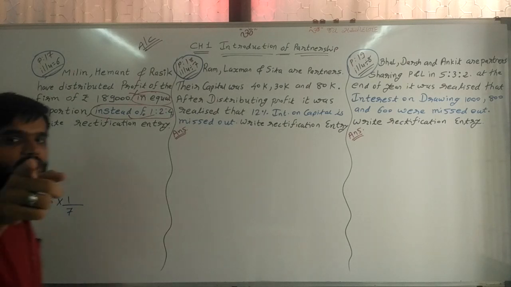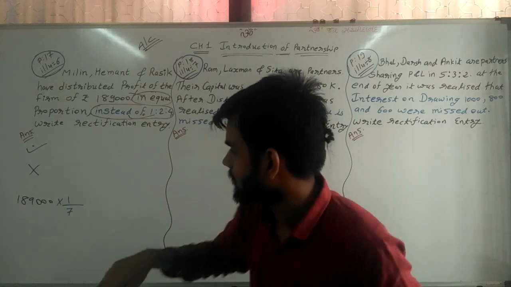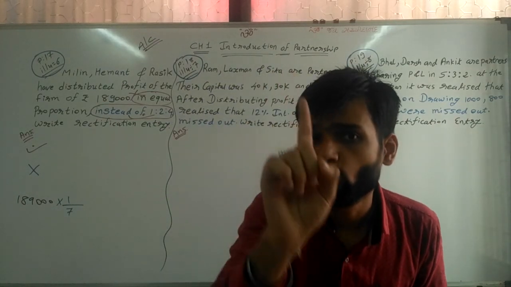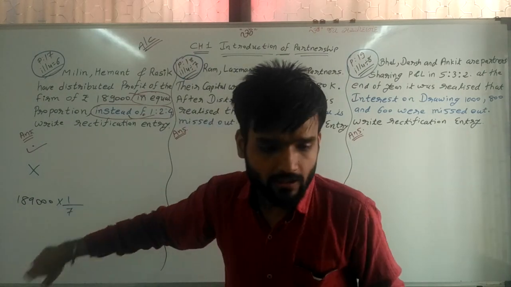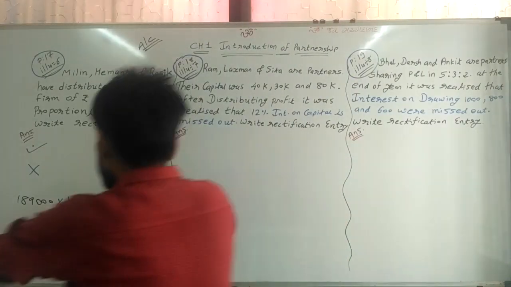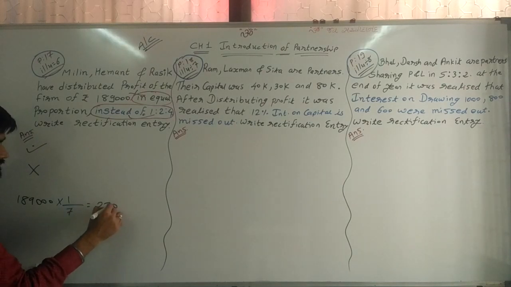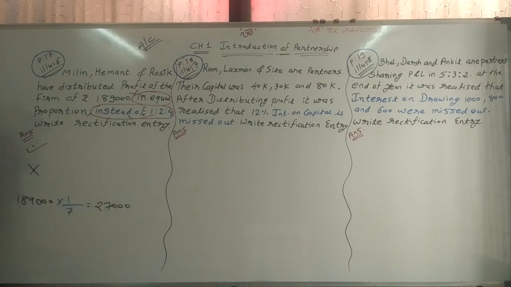If you calculate on your calculator 1,89,000 into 1 divided by 7, your answer will be 27,000 rupees. Now this 27,000 is the correct answer.